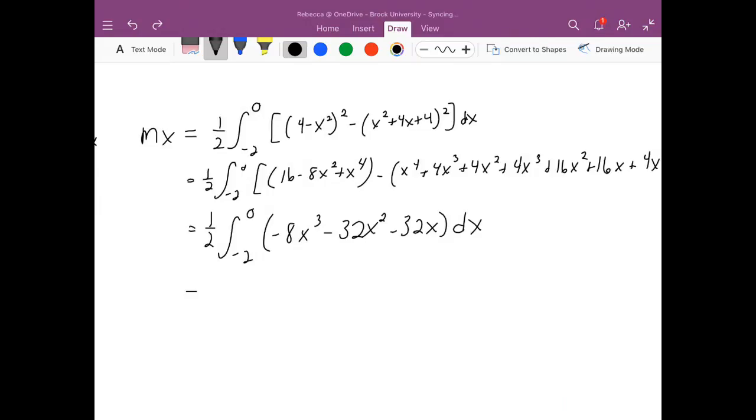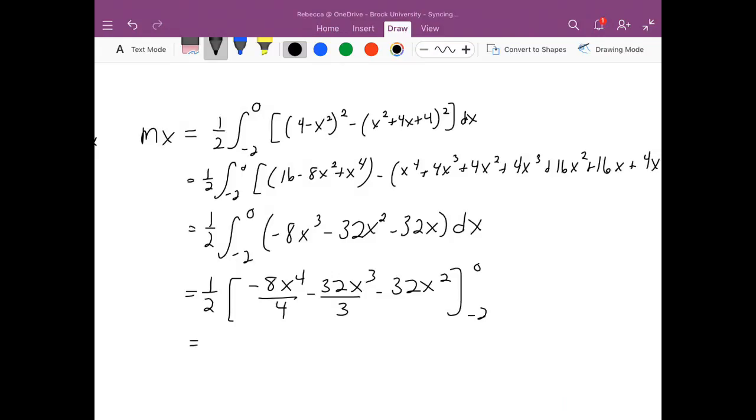So if I integrate this, again the half just tags along, and I get negative 8x to the power of 4 over 4 minus 2x cubed over 3 minus 32x squared. The 0 is just going to be a 0 all the way through, but I'm going to write it down.